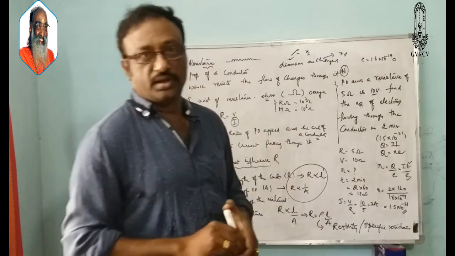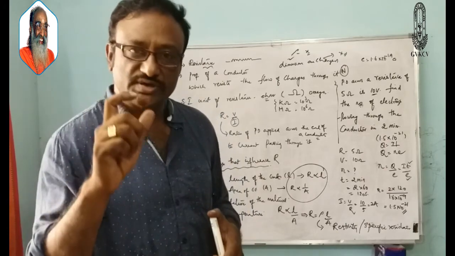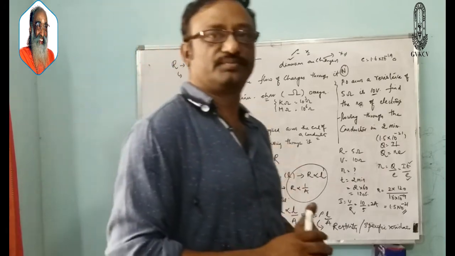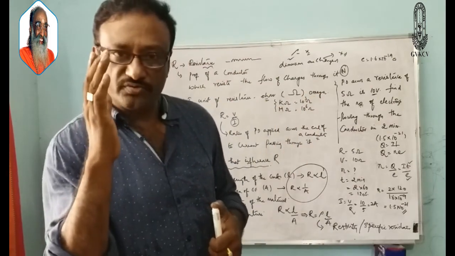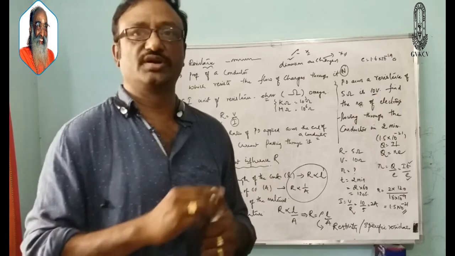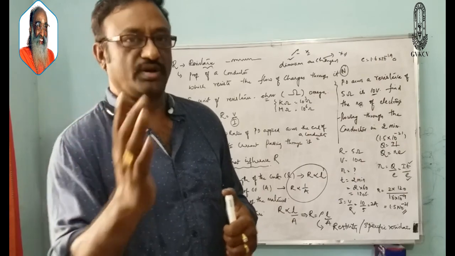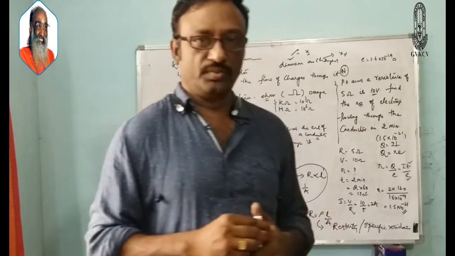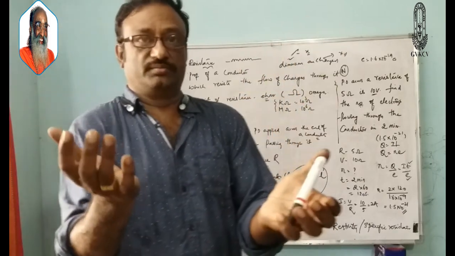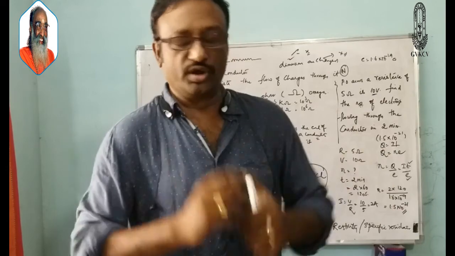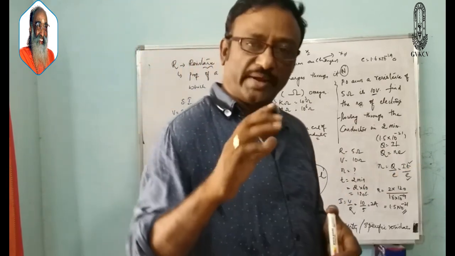That means you might have kept in your mind a point there: the resistivity of a material is constant. If you take a copper wire and you know the value of the resistivity, not the resistance, resistivity of the wire given for you, then if it is asked what is the resistivity of a copper vessel given for you with a certain volume, the same value, the resistivity of a material remains constant.